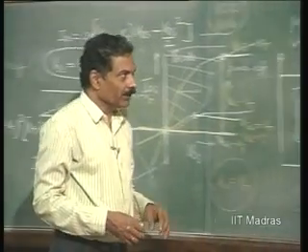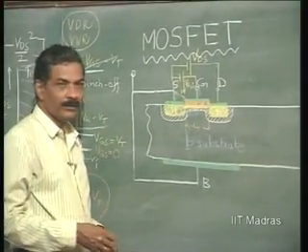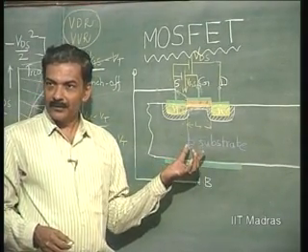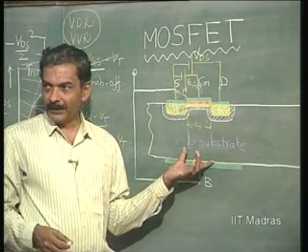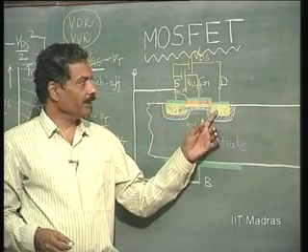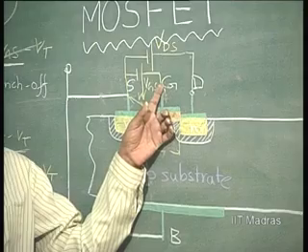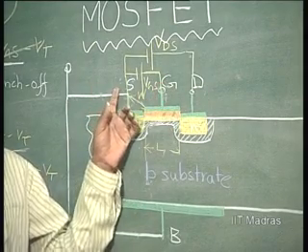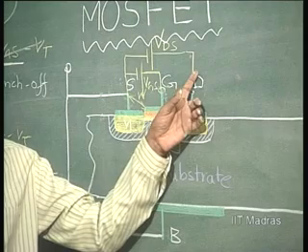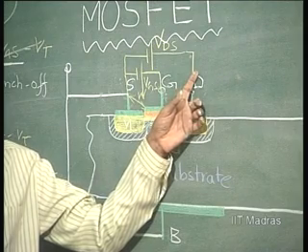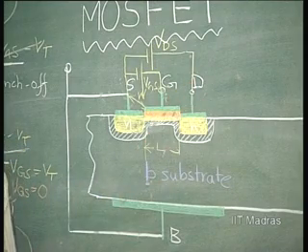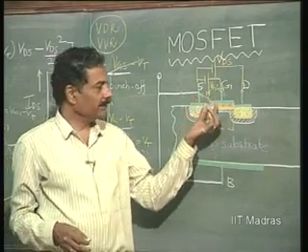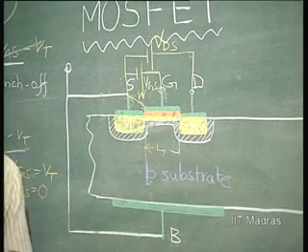In the P channel MOSFET, we have to have an N type substrate, and then this will be P, and this biasing will be negative with respect to source, and this biasing will again be negative. And therefore, the threshold voltage itself is going to be negative. The point at which the channel gets formed is itself negative.